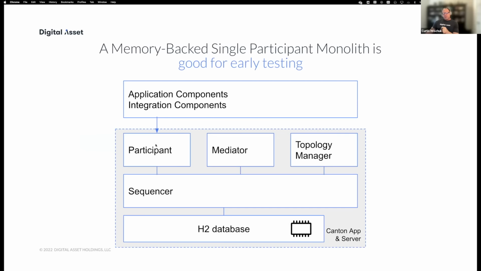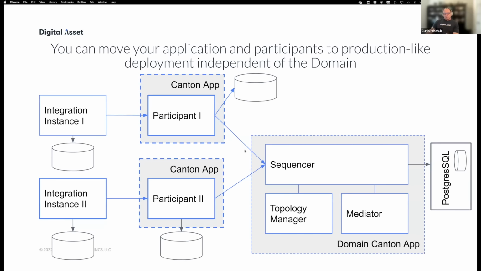Now, the choice of the deployment topology depends on where you are in the development lifecycle. For example, you can run a single memory-backed, single participant domain on your laptop as a development sandbox. You can incrementally add more detail and complexity.